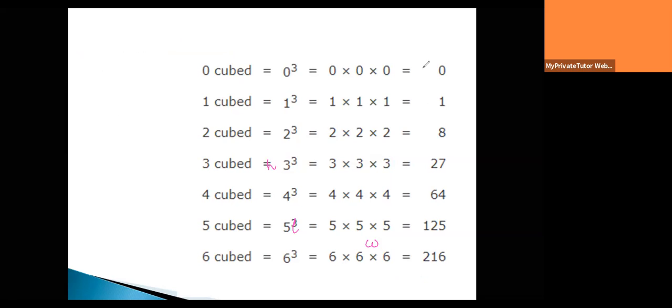So I have written all these things. These are the perfect cubes. Again, I'm repeating, other than these numbers, others are not perfect cubes. Let's go to the next slide.